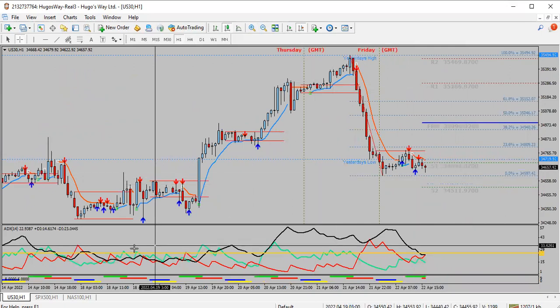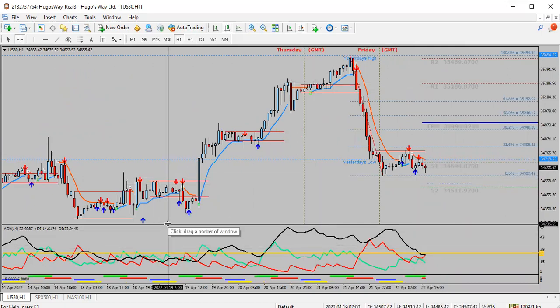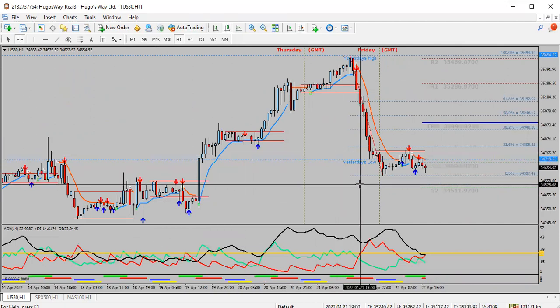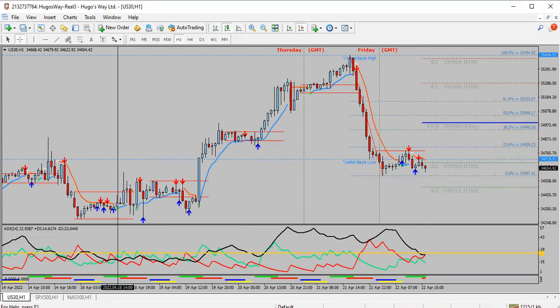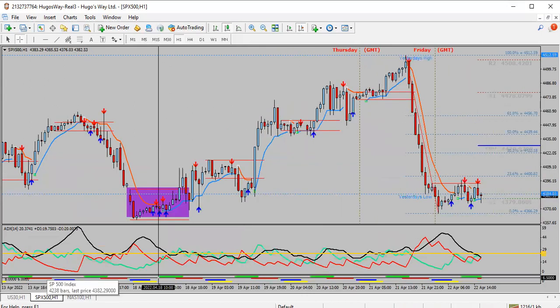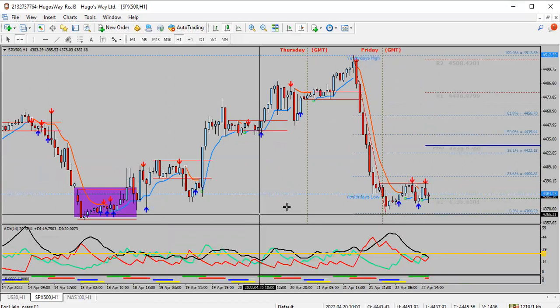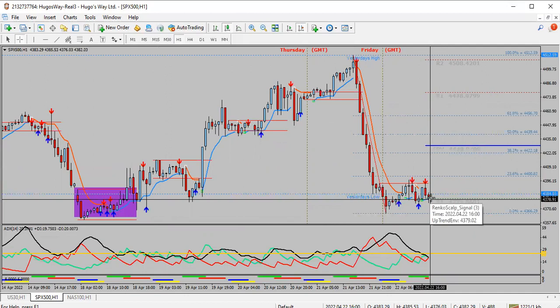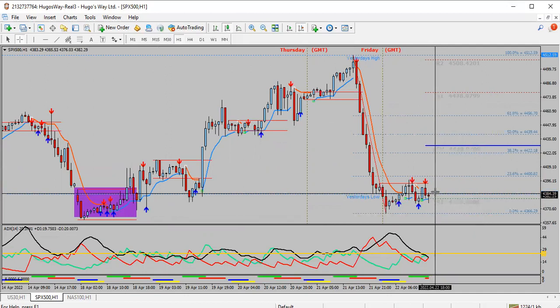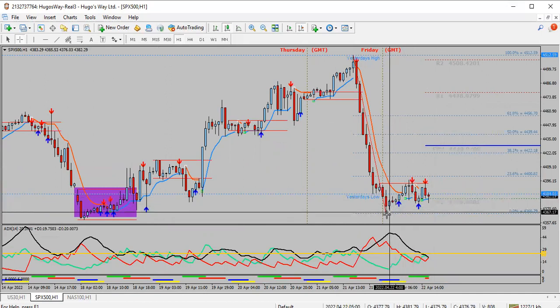I didn't really press the trade today. That's just a market review. However, just looking at it, we could watch it if y'all want to. Let me see. Where's the breakout zone for this?